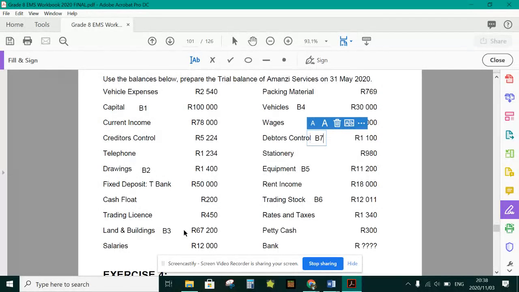Do we have bank? Yes, B8. Do we have cash float? Yes, B9. And do we have petty cash? Yes, B10. Do we have a fixed deposit? Yes, that'll be B11.